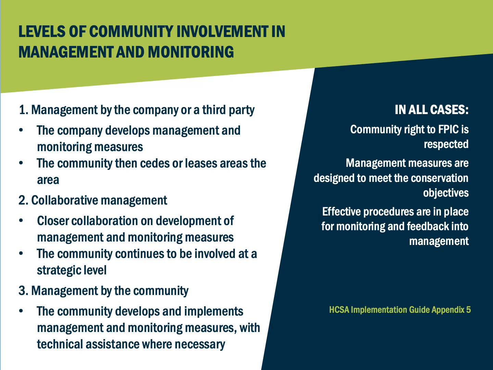In any of these models, community members may also be employed to carry out operational activities. More detail of the different models is given in Appendix 5 of the Implementation Guide. However, what is essential in all cases is that the community's right to FPIC is respected, that management measures are designed to meet the conservation objectives, and that effective procedures are in place for monitoring and feedback into management.